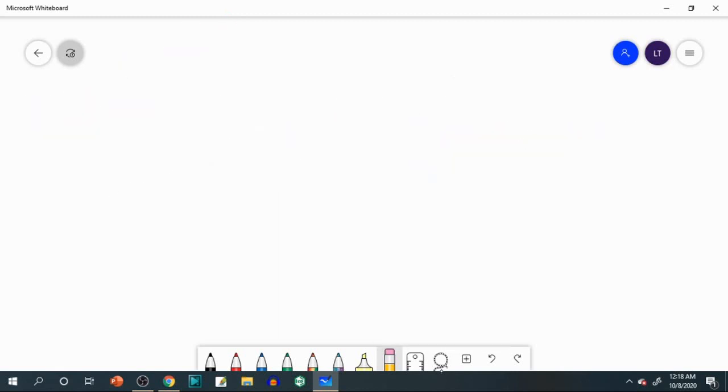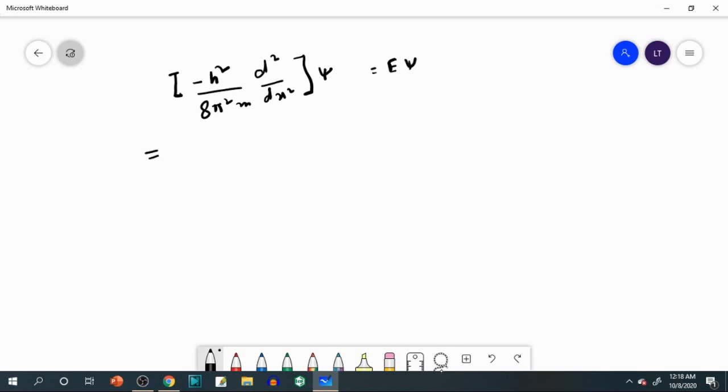If we simplify this equation, you will try it on your own, ultimately the equation will be reduced to minus h square by 8 pi square m. So instead of del square, now we will write d2 by dx2, and outside there will be psi, equal to E psi.